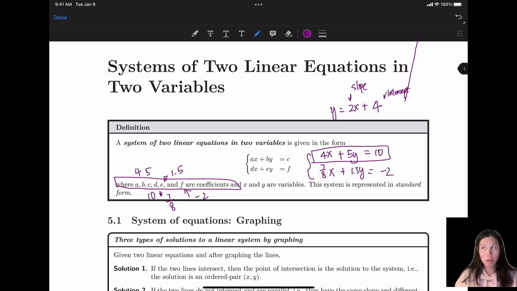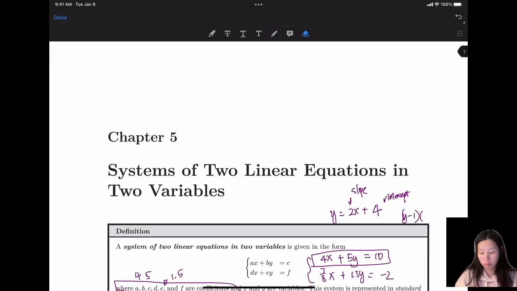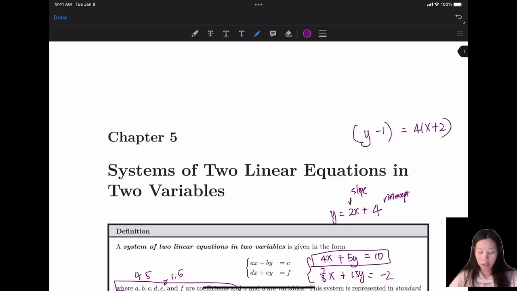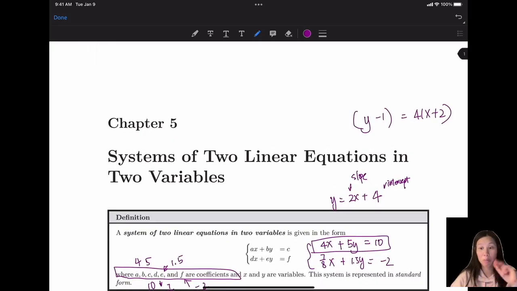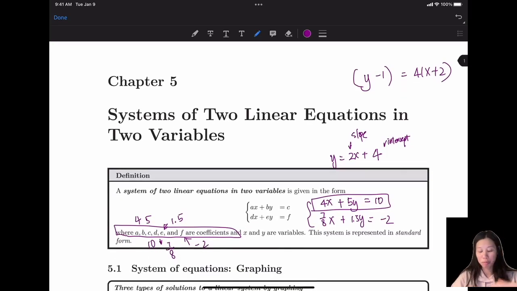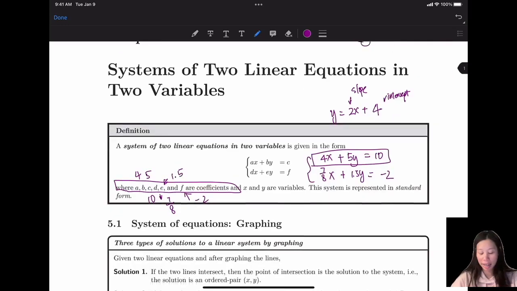We also have point-slope form, which is, for example, y minus 1 equals 4 times x plus 2. If you don't remember, please go back to the previous lectures and review that.